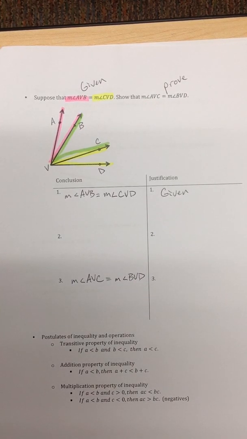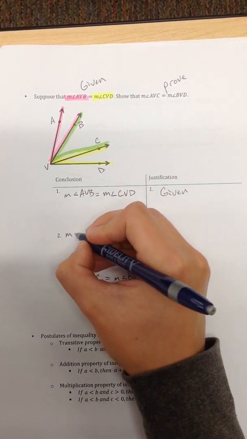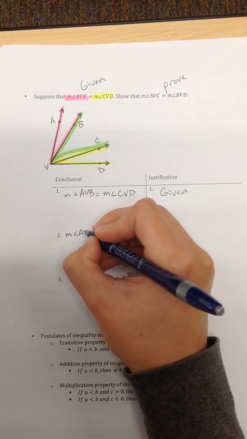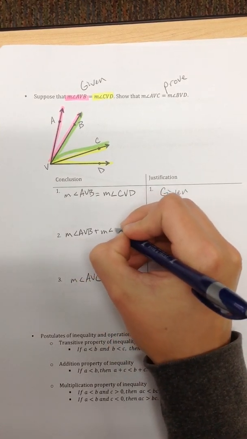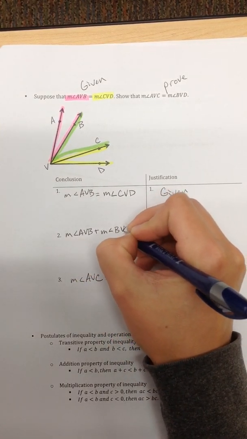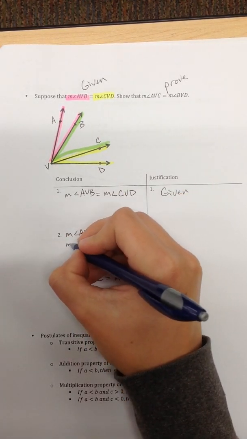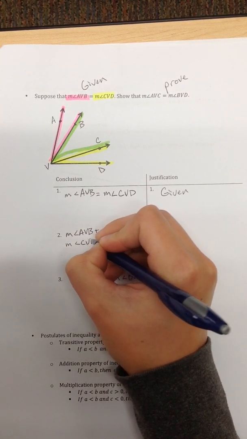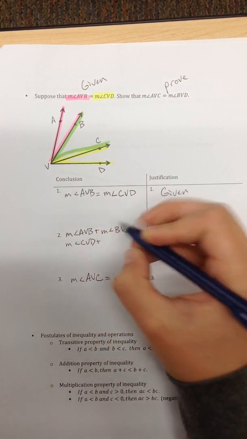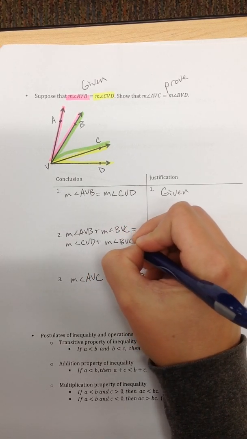The measure of the pink one, measure of AVB, plus the measure of angle BVC, is going to equal the measure of the yellow one, measure of angle CVD, plus the measure of angle BVC.